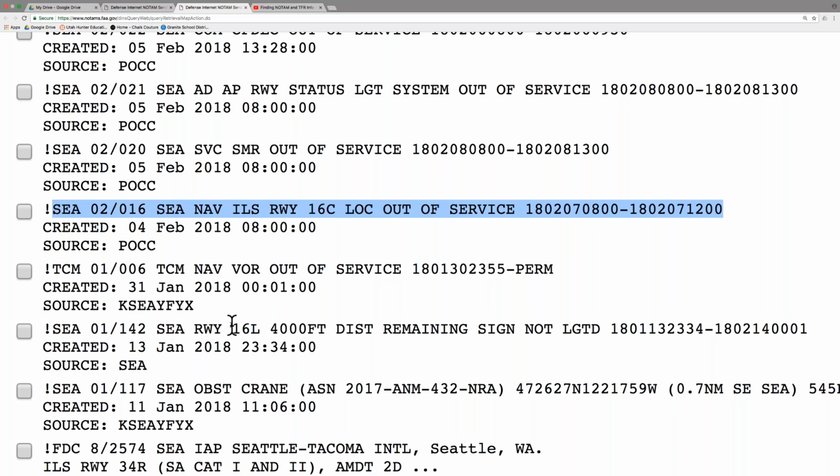Because it has to do with the runway. The localizer for runway 16C, the center, is out of service, which means that it increases your minimums, right? Okay. Let me jot that down.